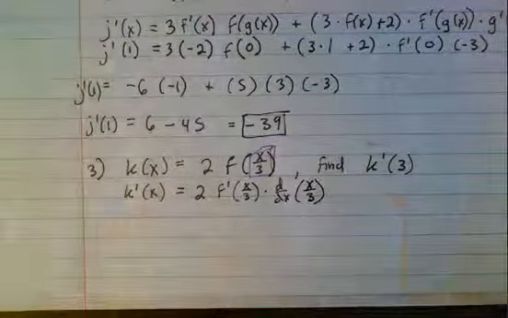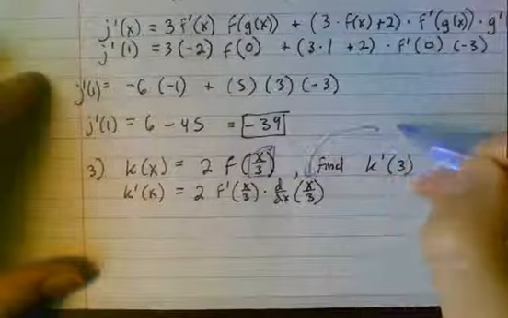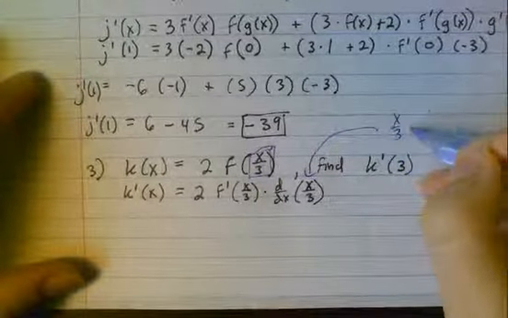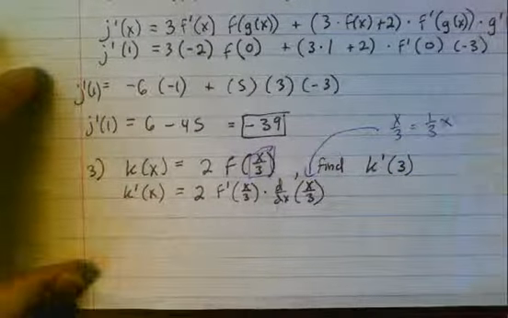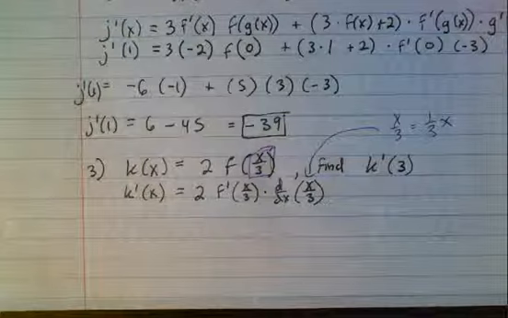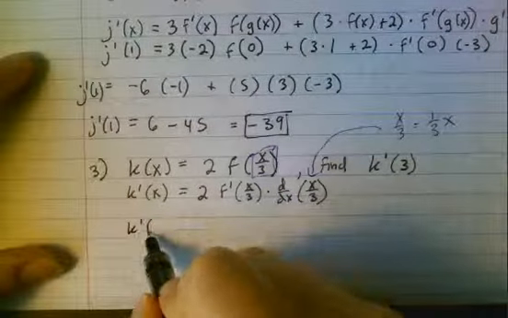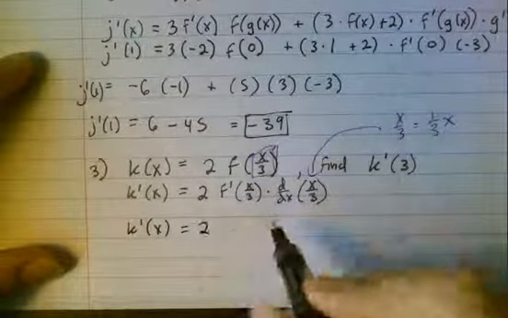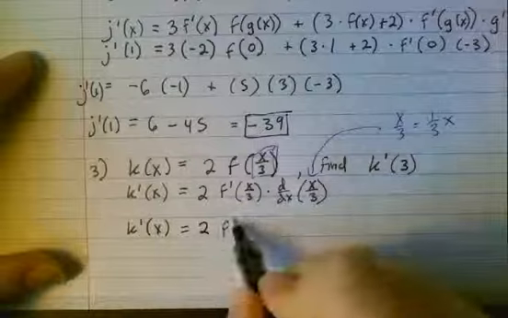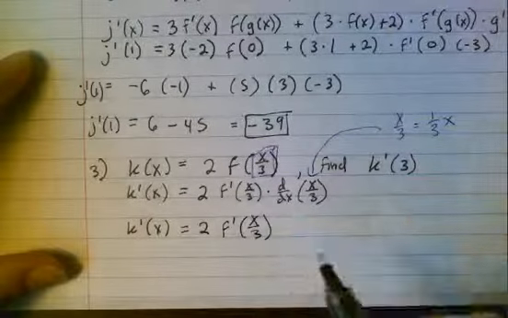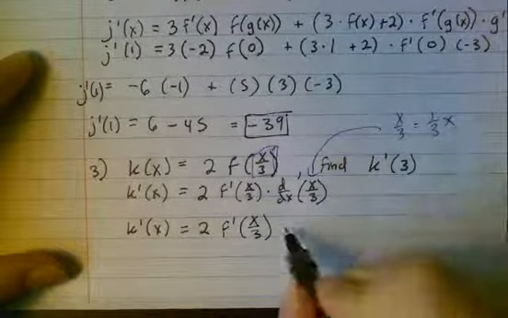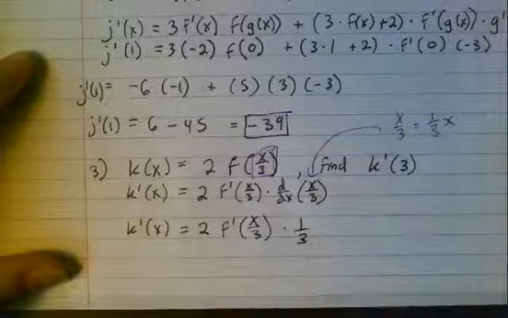One thing that would be helpful to notice for this is that this is the same as 1/3 times x. So when I'm taking the derivative here, the derivative of 1/3 x is just 1/3.